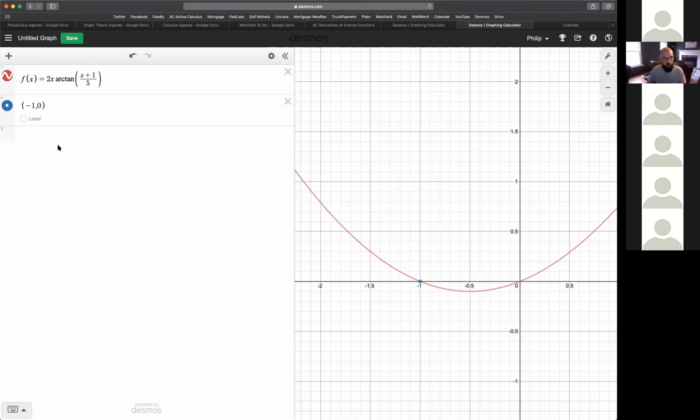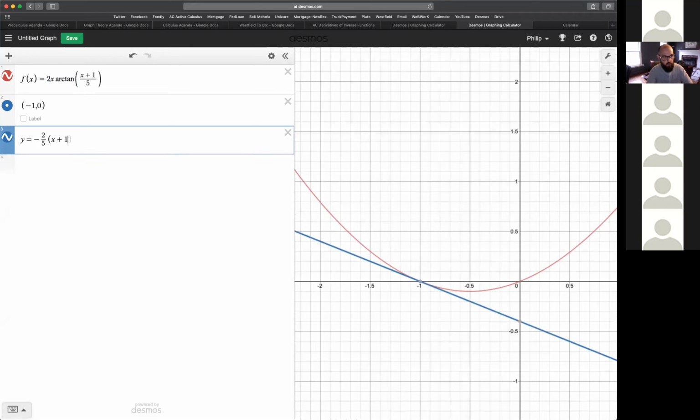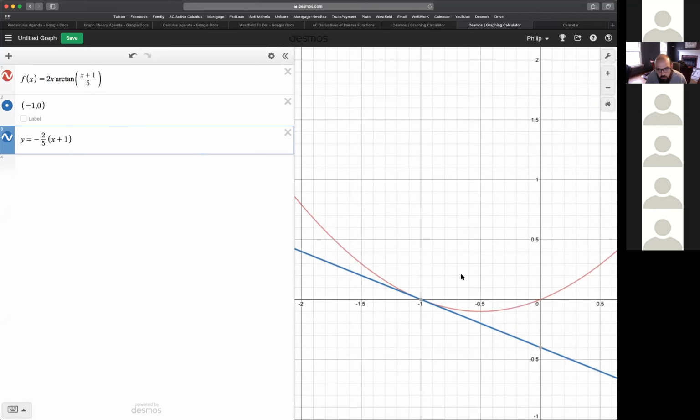We want to find the equation of the tangent line, and what we said was y equals negative 2/5 x plus 1. We can verify via Desmos that that's exactly what we want. Our red curve is the original function, and this is the equation of the tangent line.